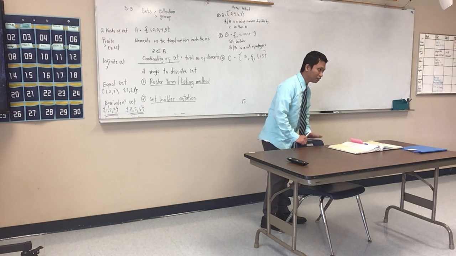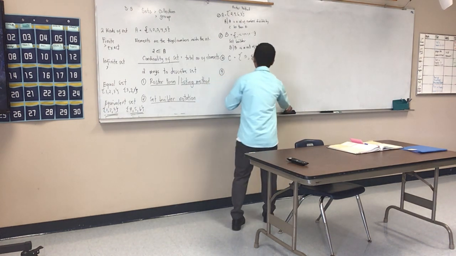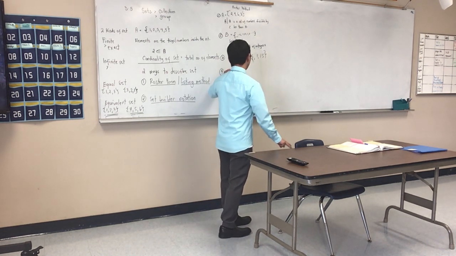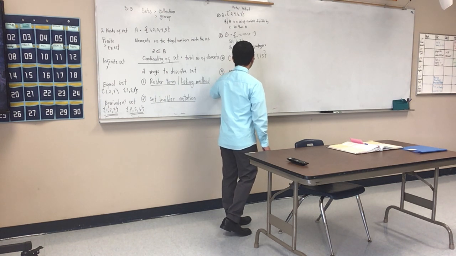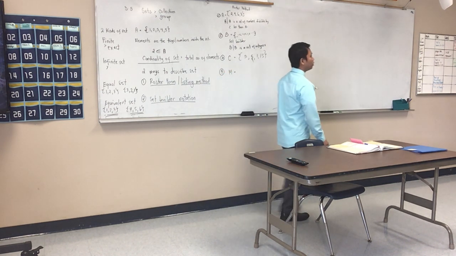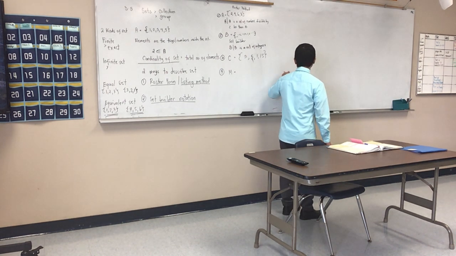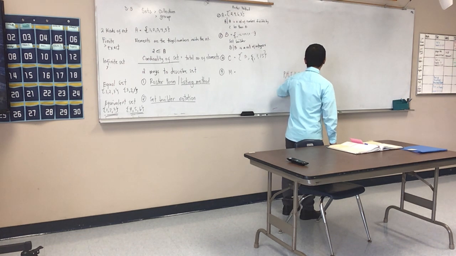Is it clear? Okay, let's have another example. For example, here you have set M, which consists of letters in the word Philippines. What are the possible elements?